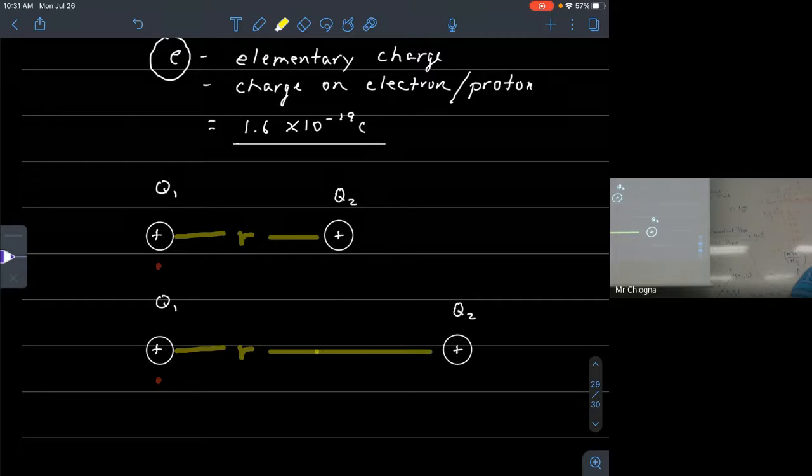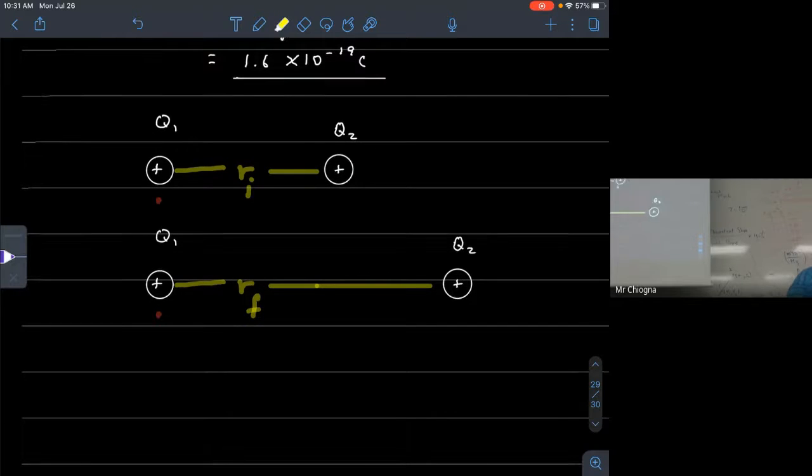This is my r initial here, this is final here. So I moved Q2 out further. We find that the force decreases.